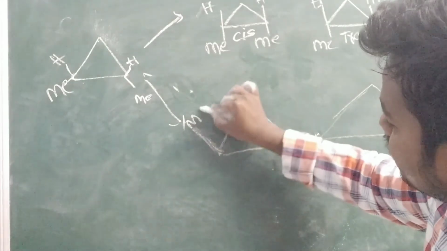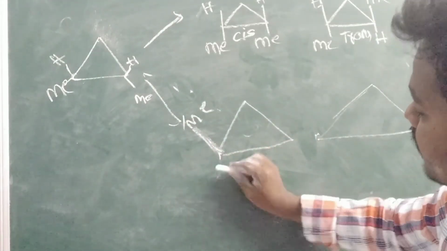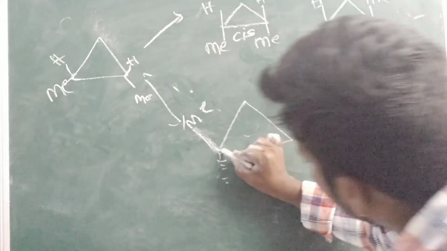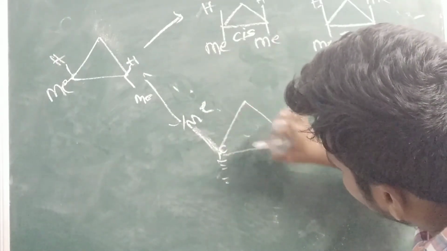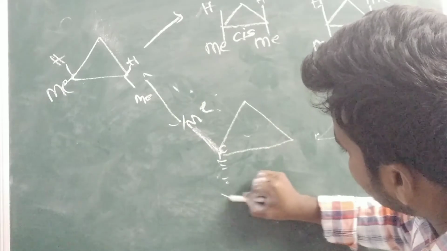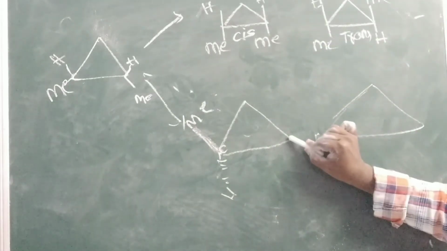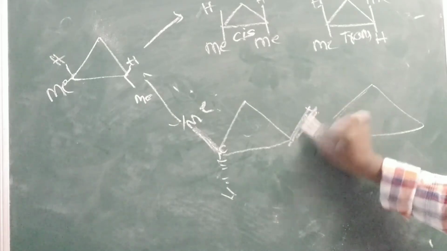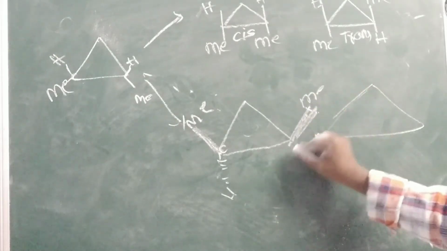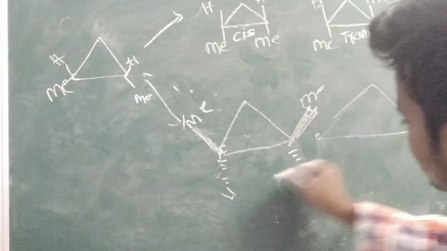You can take here methyl, you can take here dotted lines, because you can see carbon, one side with this bond, one side with this carbon bond, another side methyl, one hydrogen. Here also solid methyl, dotted hydrogen. That means what?